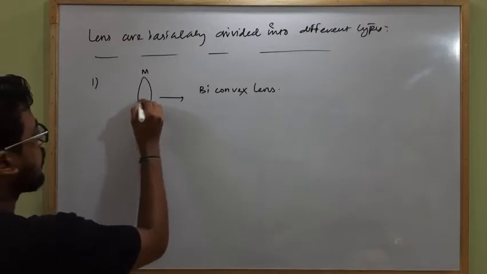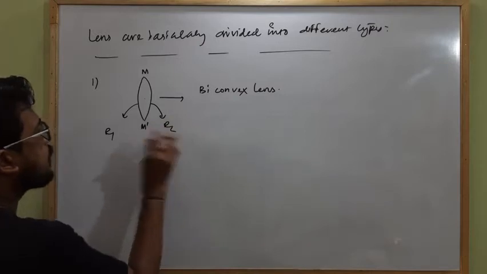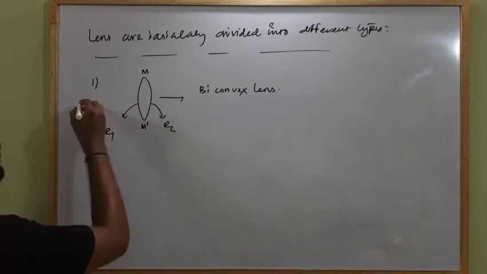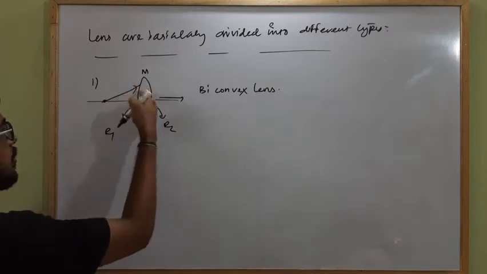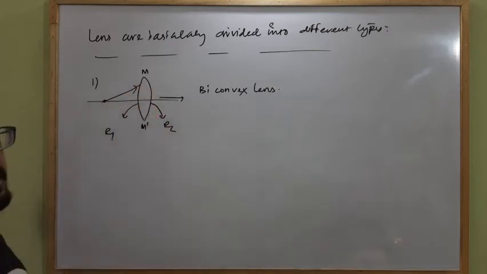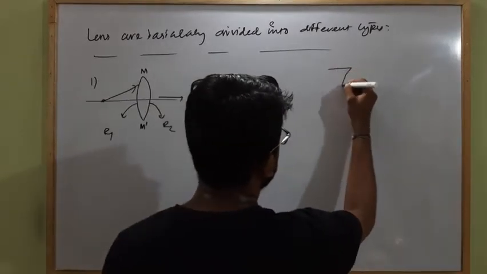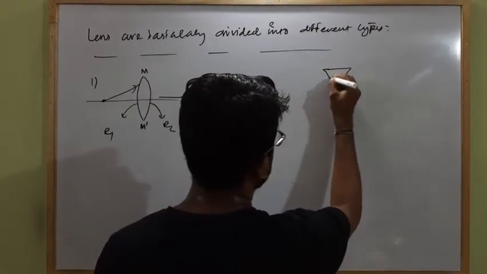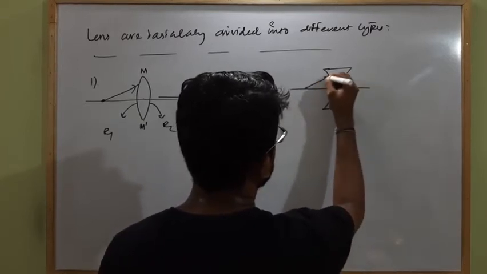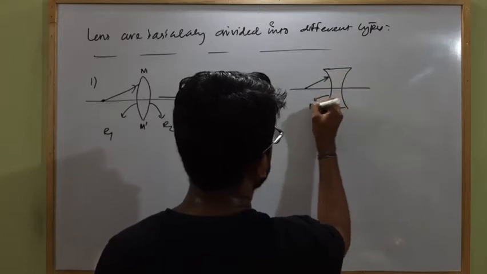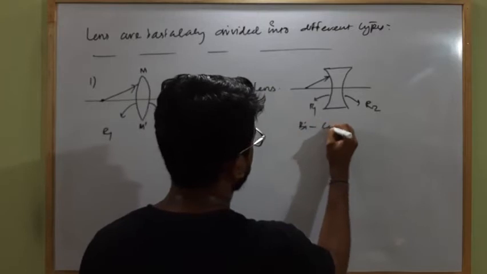The radius of curvature of this one is R1, let this one be R2, or you can choose R1 or R2 depending upon the incident ray. If here is an object and the incident ray strikes at this surface, it will be taken as R1 and the other one is taken as R2. So this is a biconvex lens. If both the ends are concave and the object first strikes this surface, the radius of curvature of this one will be R1, this one will be R2, so it is biconcave.